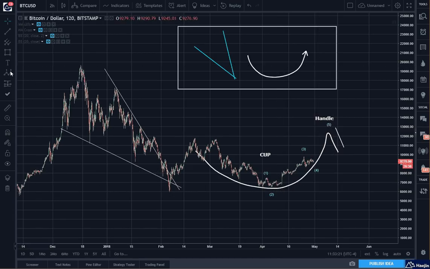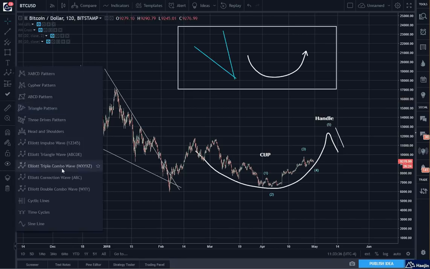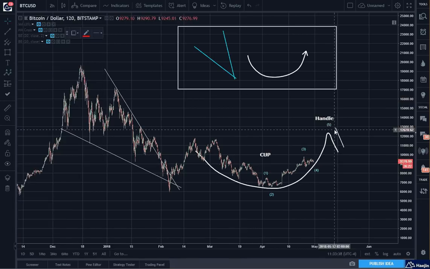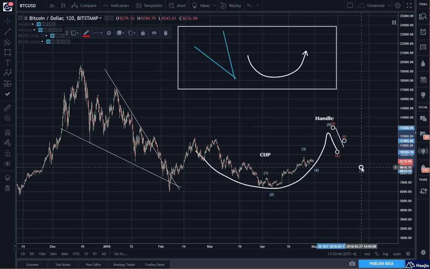And the aspect of a cup and handle is when the handle is as a result of after the fifth wave, then that handle will likely do a 38 to 50% retrace. So we got A, B. We're probably going to take a trip down to maybe 8,600.